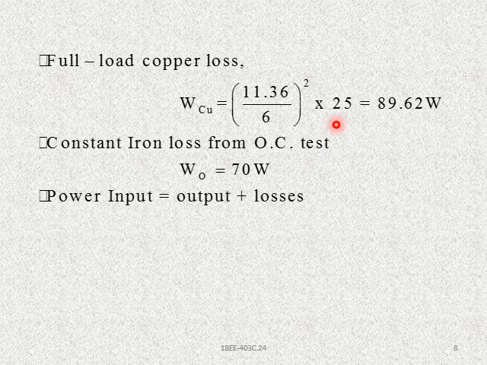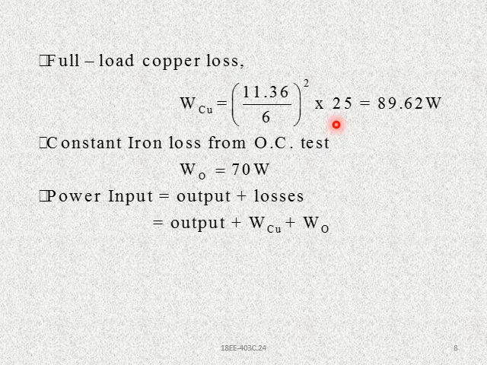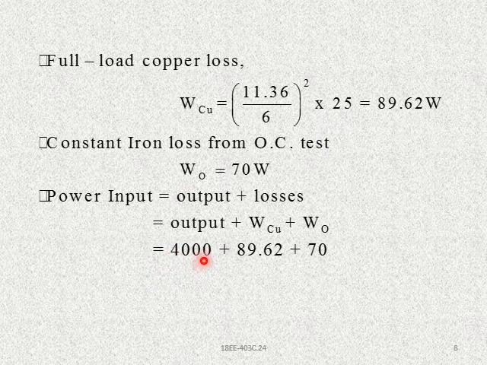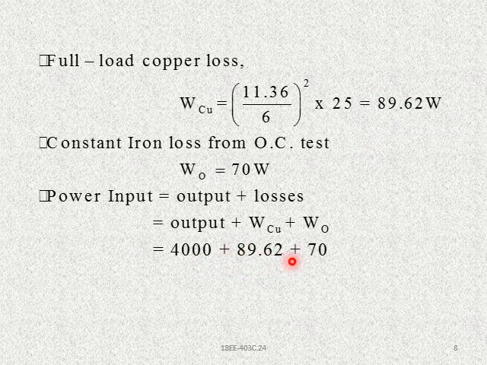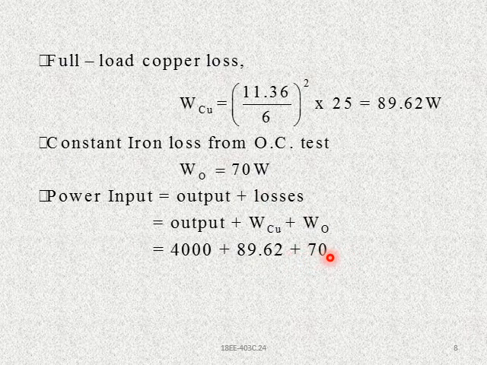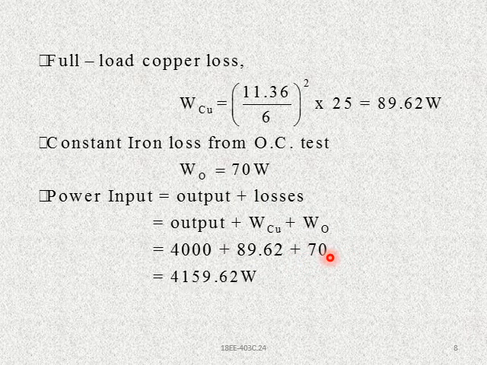And from that the power input is equal to output plus losses, where the losses are divided into W C plus W O. We have the total output of 4000, W C of 89.62, and W naught given from the no load test, that is 70, and the total is 4159.62 watts.